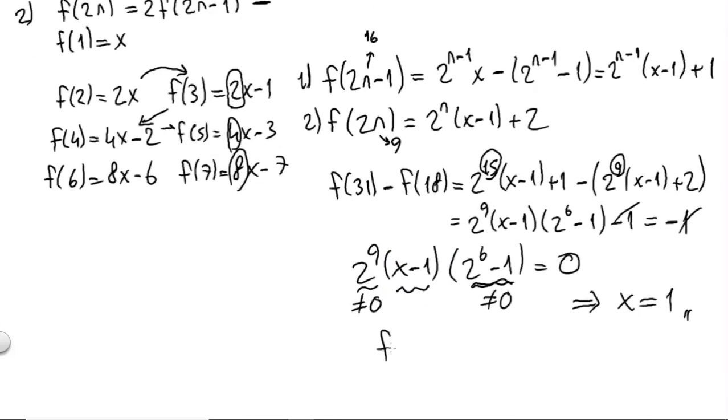In his question, I think it was f of 1971 minus f of 1952, equal to minus 1. Then we literally have the same thing. Just the powers are bigger, but it's exactly the same logic. And the answer is always x equal to 1.